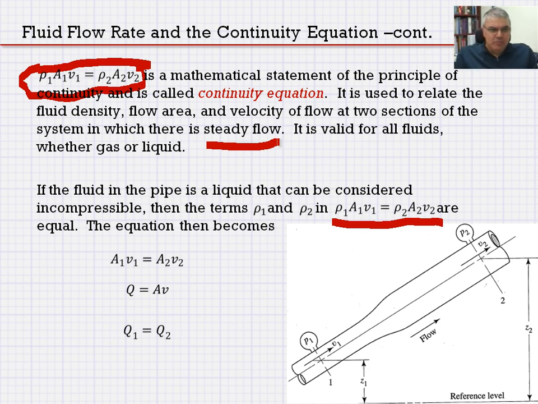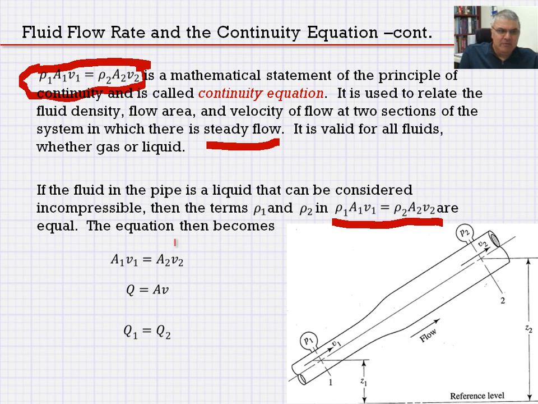So we can consider that if we have the incompressible fluid, and of course in this case Q1 would be equal to Q2, Q is AV, and so rho 1 and rho 2 would drop out because we're talking about a liquid, same liquid.